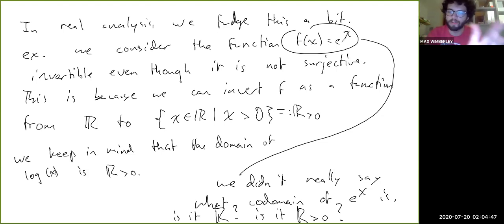The point is just to give you the framework, the general context of how we talk about functions, so that you're equipped to handle any situations you might find yourself in. Okay, so that's injectivity, surjectivity, bijectivity, inverses.